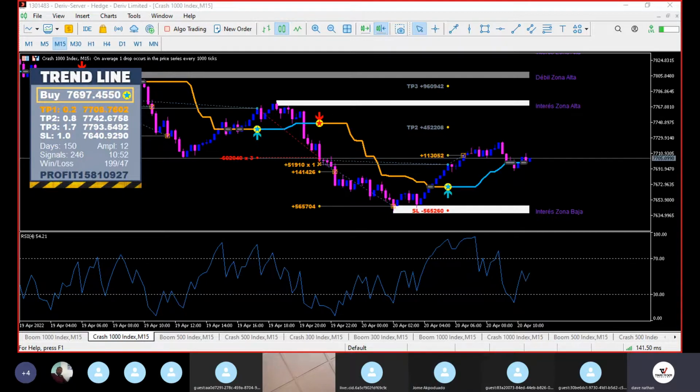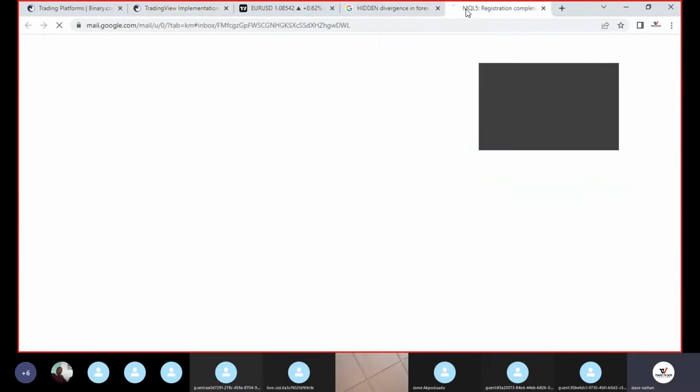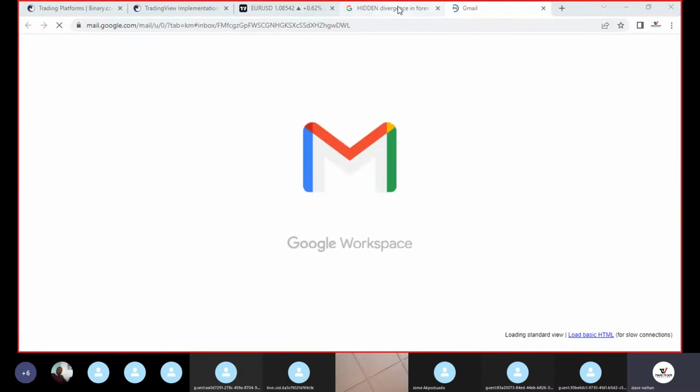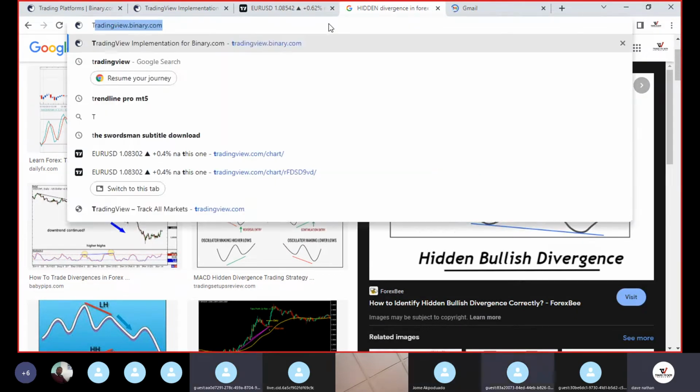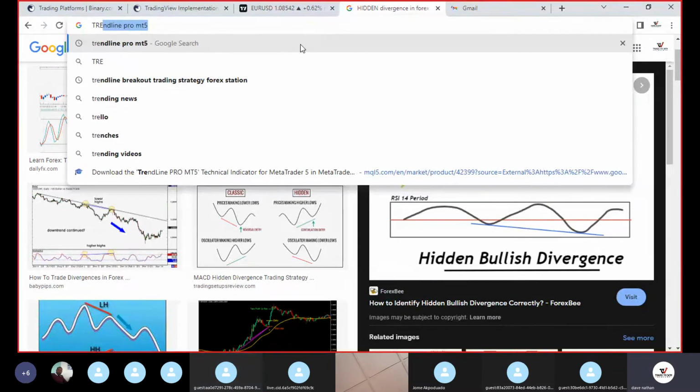Okay, no problem. Probably in that case, you may need to download it. So this is just what I'm trying to show you. Let me switch my screen for you. In case you have that challenge, you just go to MQL5. Just search Trendline for MT5.